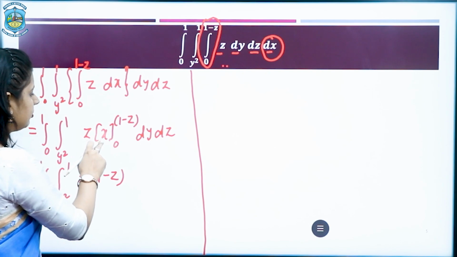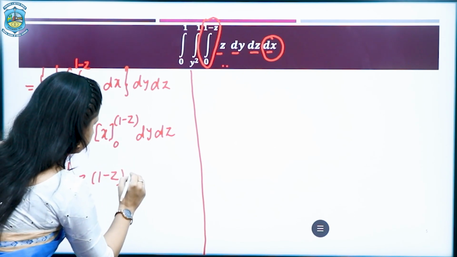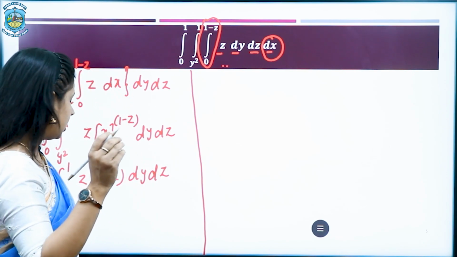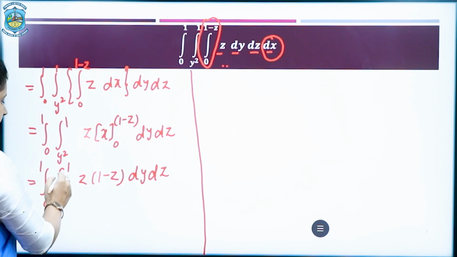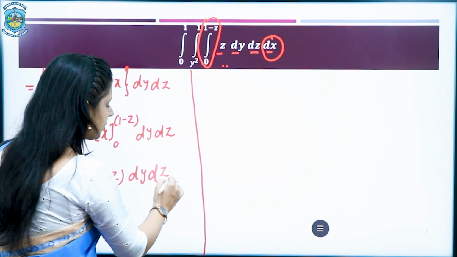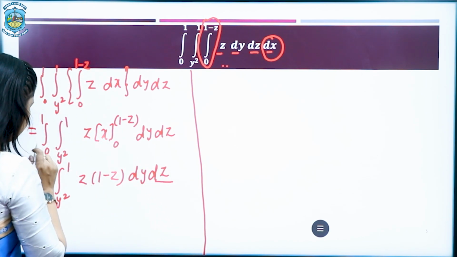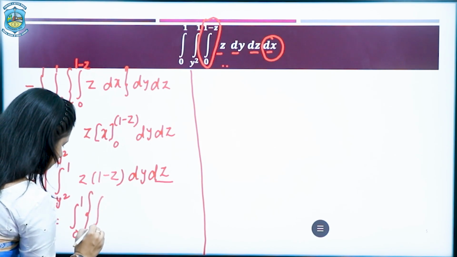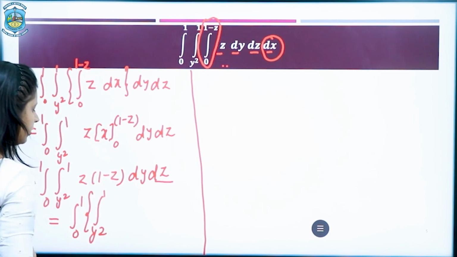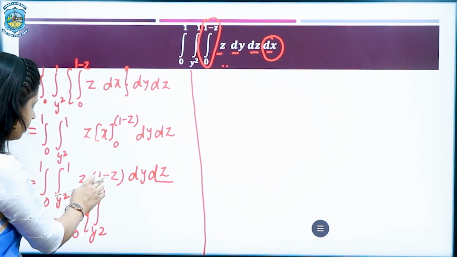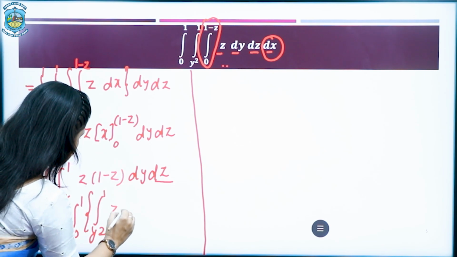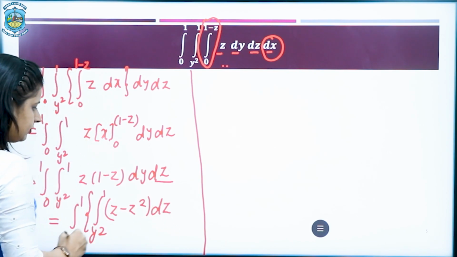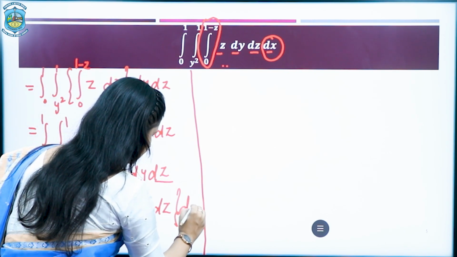When we apply lower limit, this term would be 0, dy, dz. Now we will integrate for this limit y square to 1 with respect to z to this function. So we will write 0 to 1, integration for the limits y square to 1. We can multiply this bracket with z, we will get z minus z square. First integration with respect to z and then with respect to y.